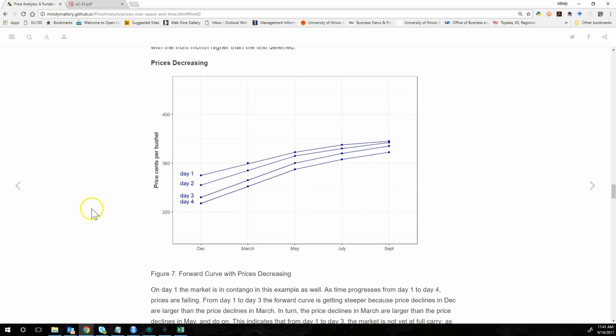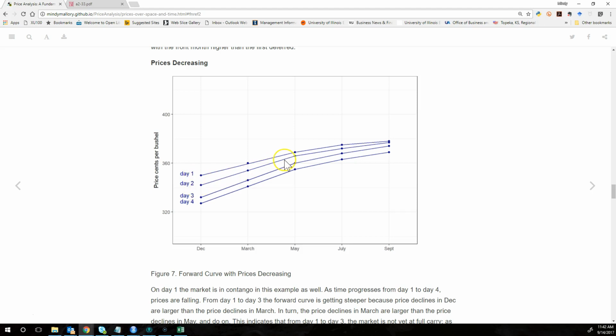Okay, now this example is the opposite. We're also beginning with a carry market where the forward curve is upward sloped. But here we're illustrating 4 consecutive days of decreasing prices. And here you see as prices are decreasing, our expectations about stocks are that they're becoming more and more plentiful, so prices are having to go down.